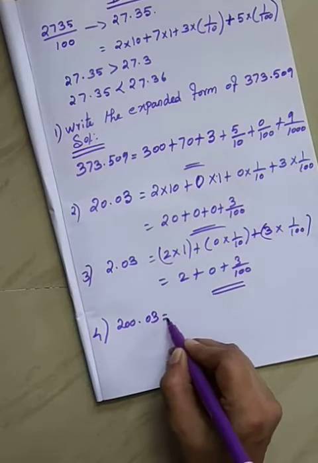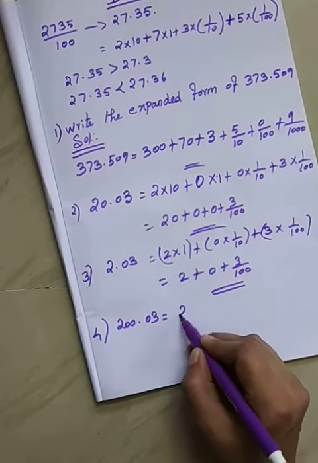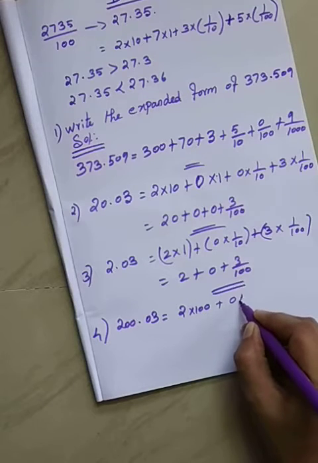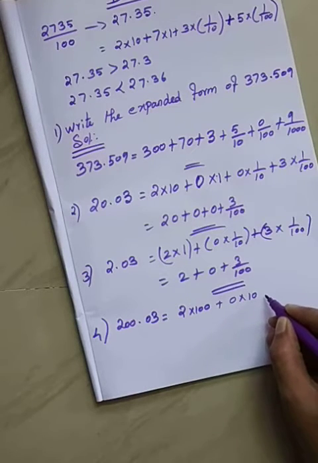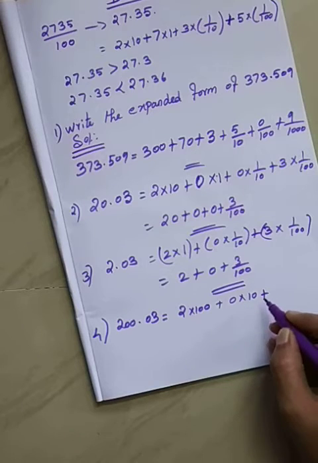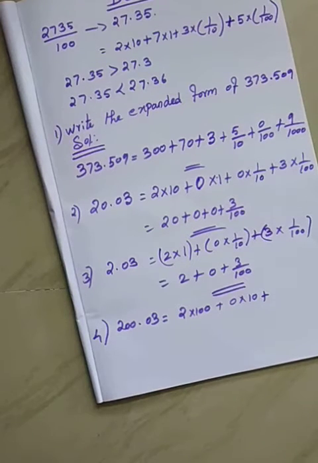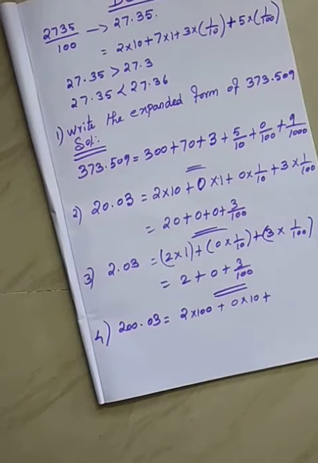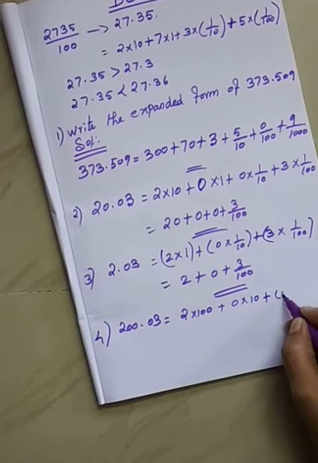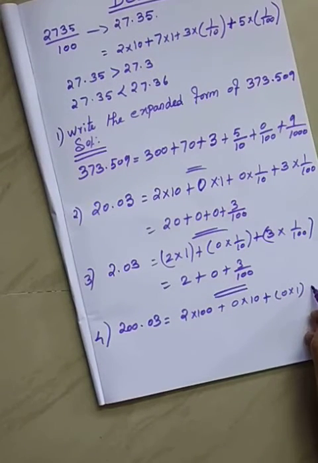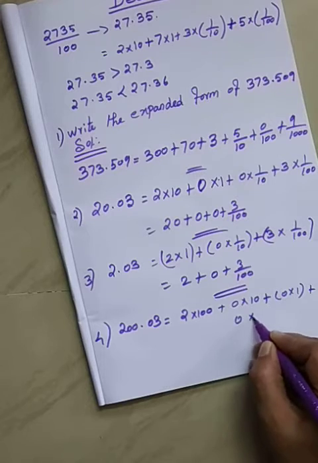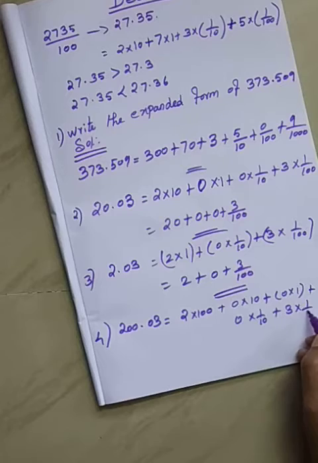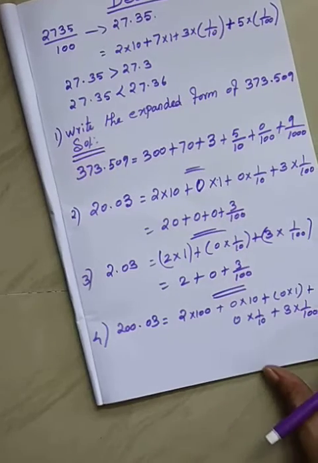See the next one, 200.03. How can you write this one? See here, 2 into 100 plus 0 into 10 plus 0 into 1 plus 0 into 1 by 10 plus 3 into 1 by 100.